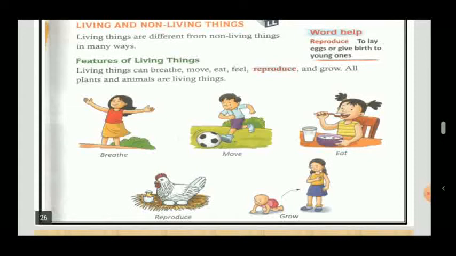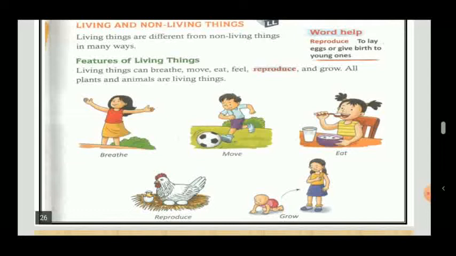Some living things give birth to young ones like humans, animals, insects. Some living things lay eggs like hens and all birds. So, things that can reproduce are living things.